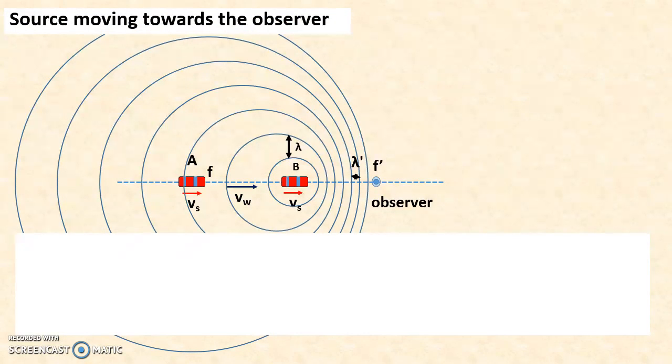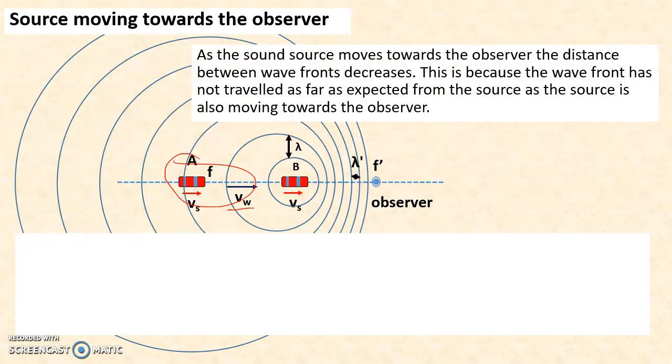Okay, so what if the source is moving? If we have a car, just like this one here, that is producing a frequency F and is moving at a velocity Vs, this is what we're looking at. It also, remember, produces a sound wave that moves at this speed, Vw. If we're looking at the direction of the sound wave towards the observer, because this is what we're interested in, the source or the car is catching up with the previous sound wave that it's produced.